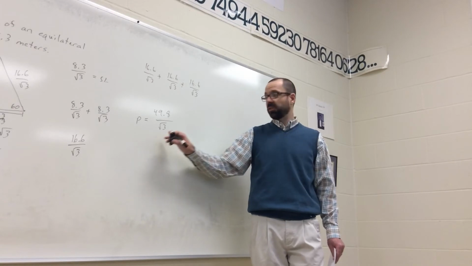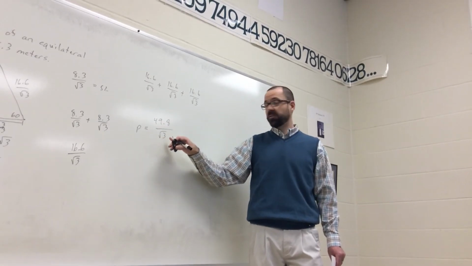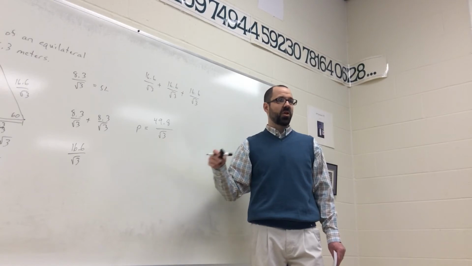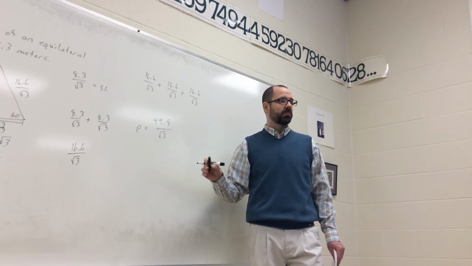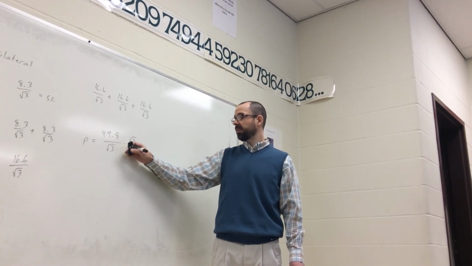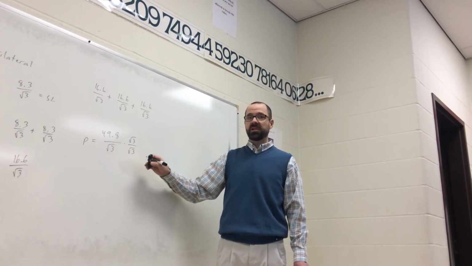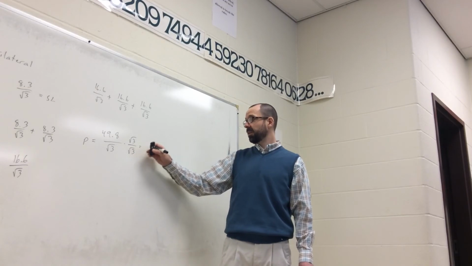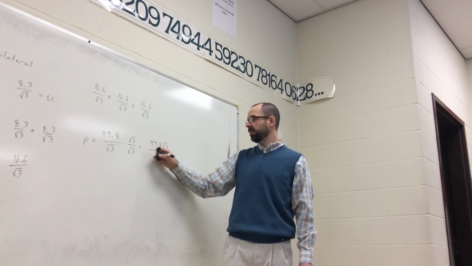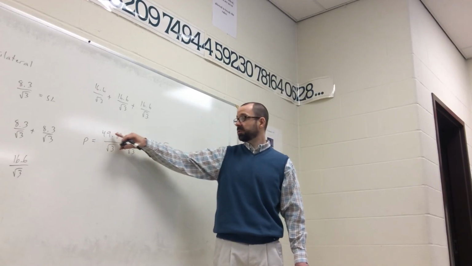But we don't like this as a final answer because it's got a root 3 in the denominator. So we have to do what's called rationalizing. So we multiply that by root 3 over root 3 to get rid of the square root in the denominator. So that's 49.8 root 3 on top, just multiplying across.